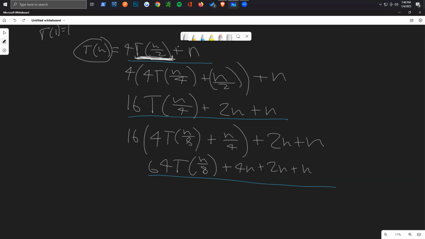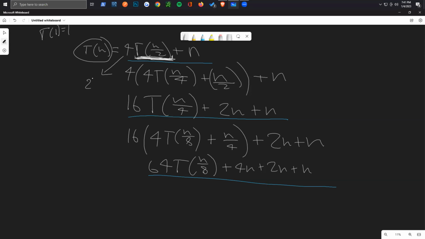And then we also have these terms right here, where they go 4, then 16, then 64. So let's think of this in terms of 2, because we have this term right here, which starts off at a flat 2.